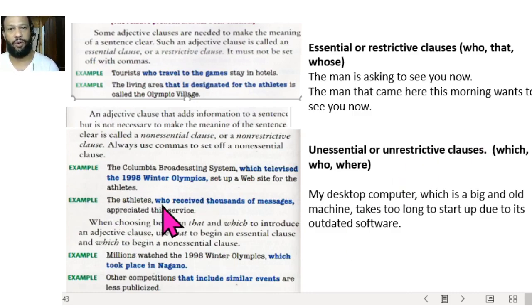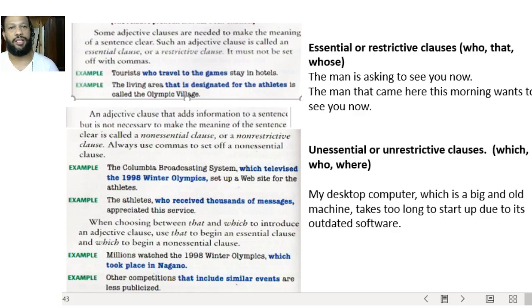Non-essential. In the book, you see a couple of examples that I would like to explore with you. The Columbia Broadcasting System, which televised the 1998 Winter Olympics, set up a website for the athletes.